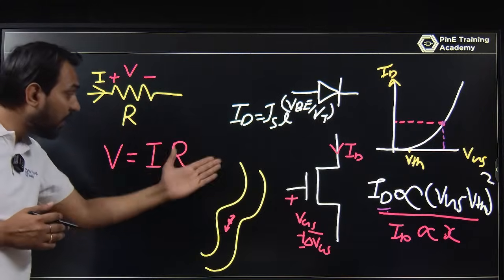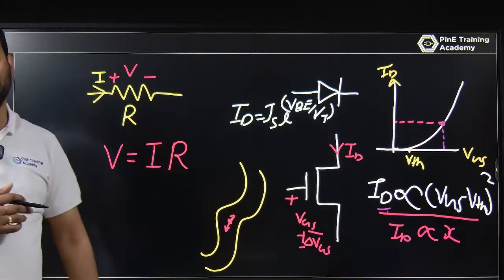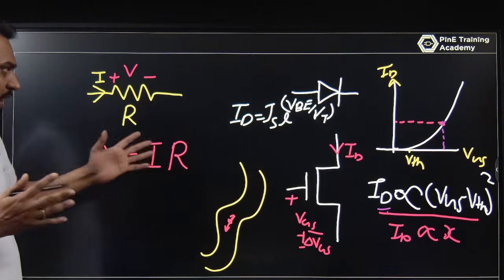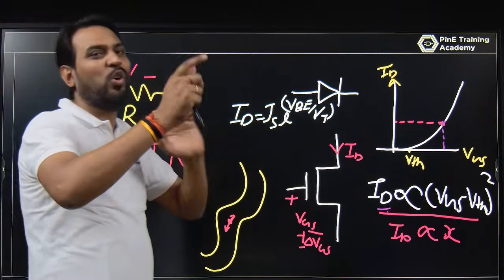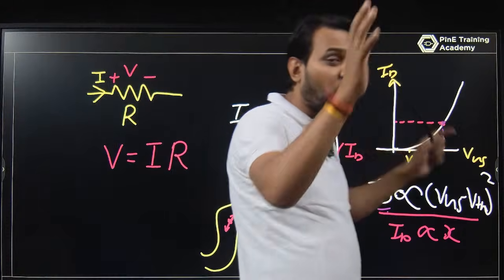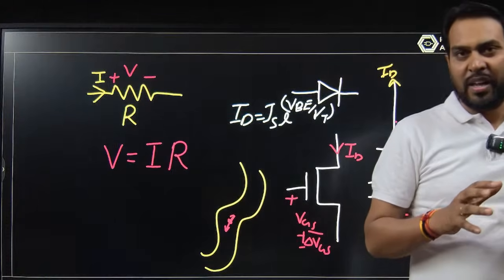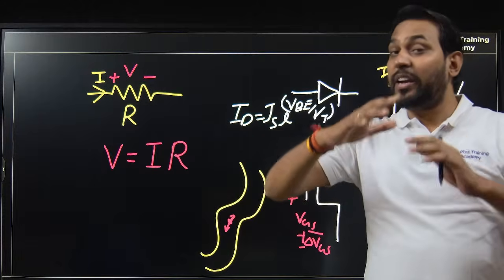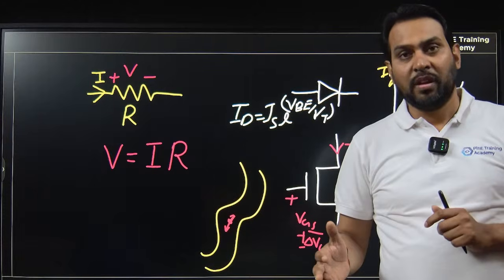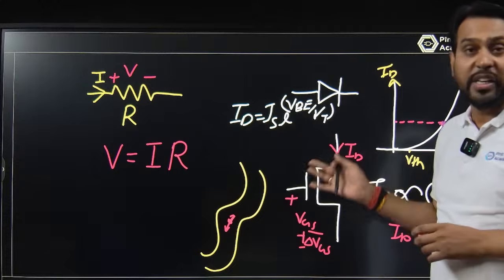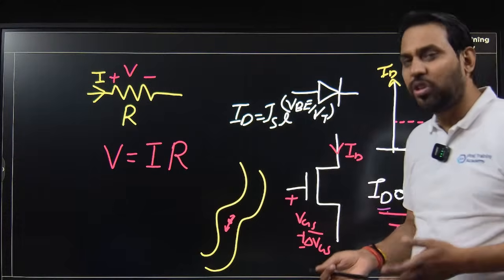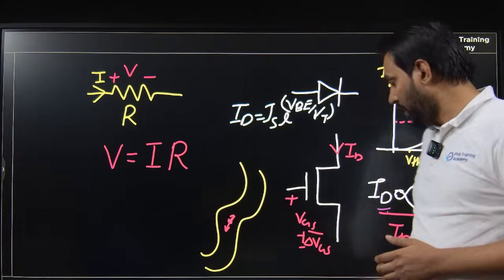That's why we convert a non-linear circuit into a linear circuit. So just think that Ohm's law is not just V equals IR. You can understand it in a very broad way. Why is Ohm's law valid even where we are talking about the non-linear circuit? Of course Ohm's law is valid here.